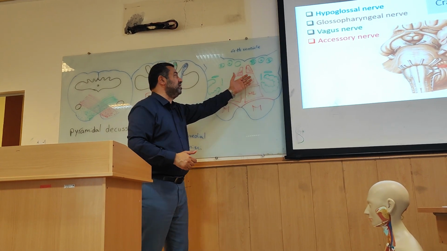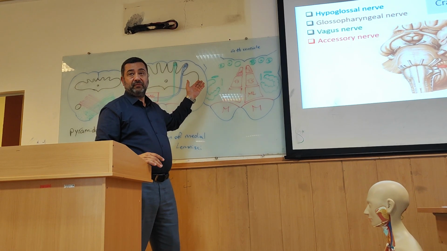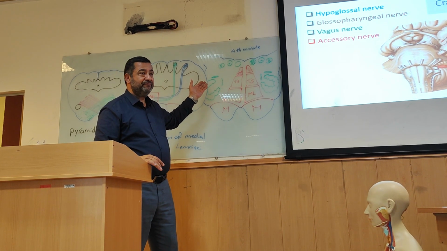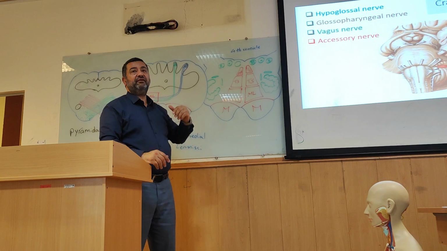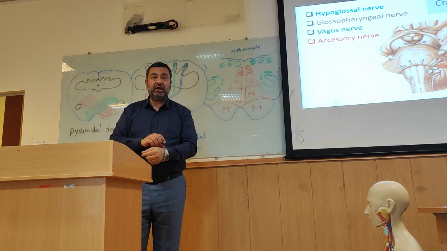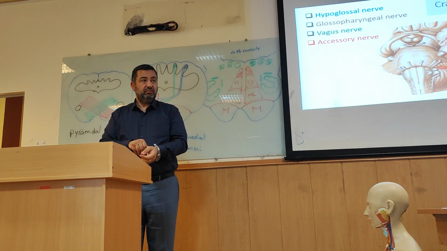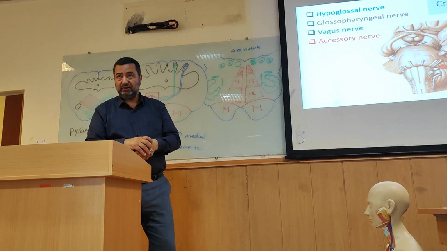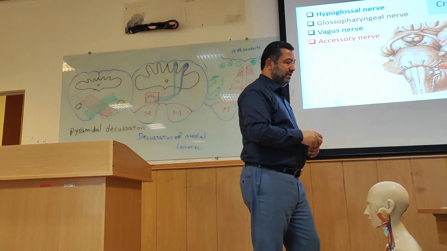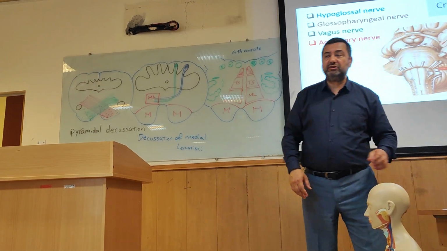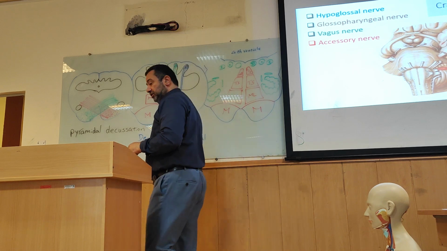Olivocerebellar tract, after crossing in the medulla oblongata, ascends to the cerebellum via inferior cerebellar peduncle.